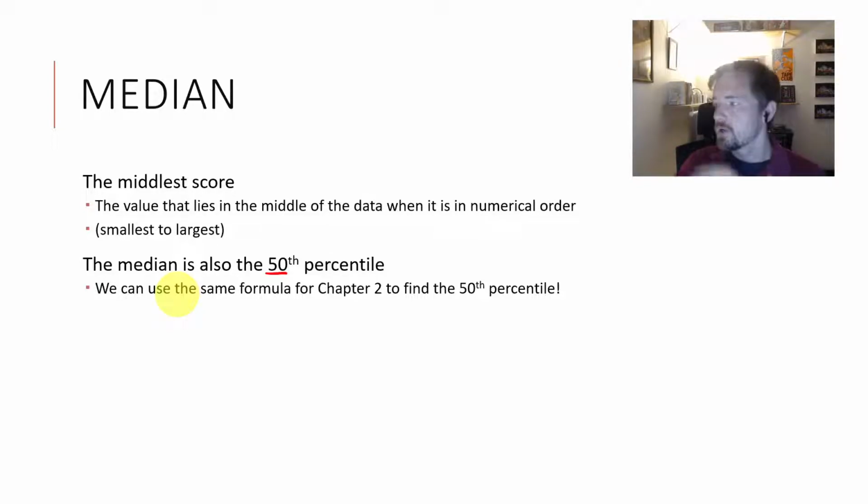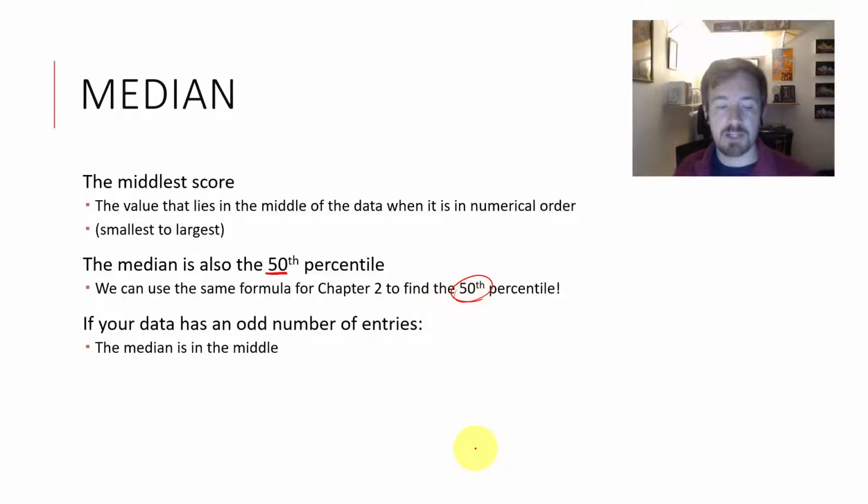Any value above the median is going to be in the upper half of the data. So the median is always going to be the 50th percentile. If we wanted to, we could use the same formula that we looked at in chapter 2 to find the 50th percentile, but generally in order to do that, you're going to have to arrange all of the numbers from lowest to largest anyways. So it might not be a super good use of time to do it that way.